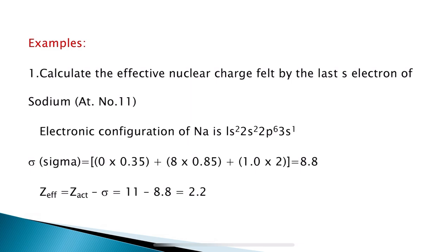Now according to Slater's rule that we have just discussed, there will be no contribution to the value of sigma by the electrons residing in orbitals having higher principal quantum numbers, so for this we will not have any contribution.